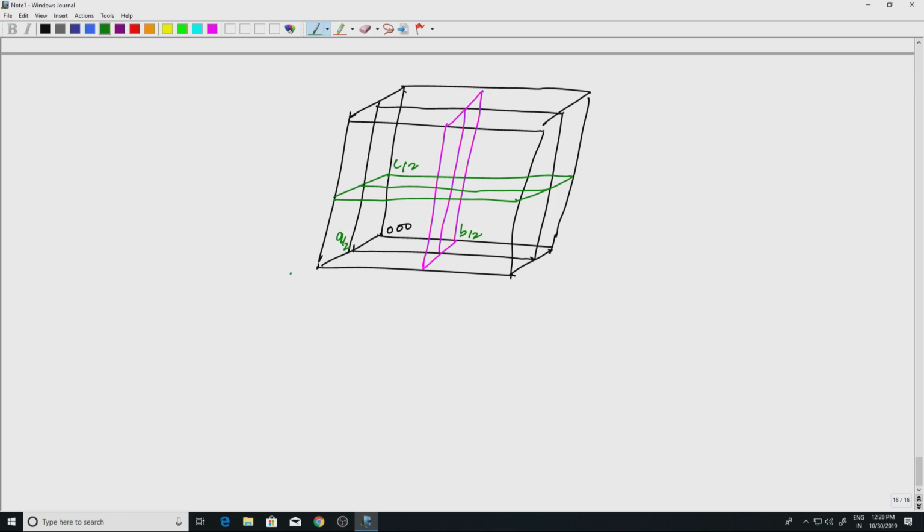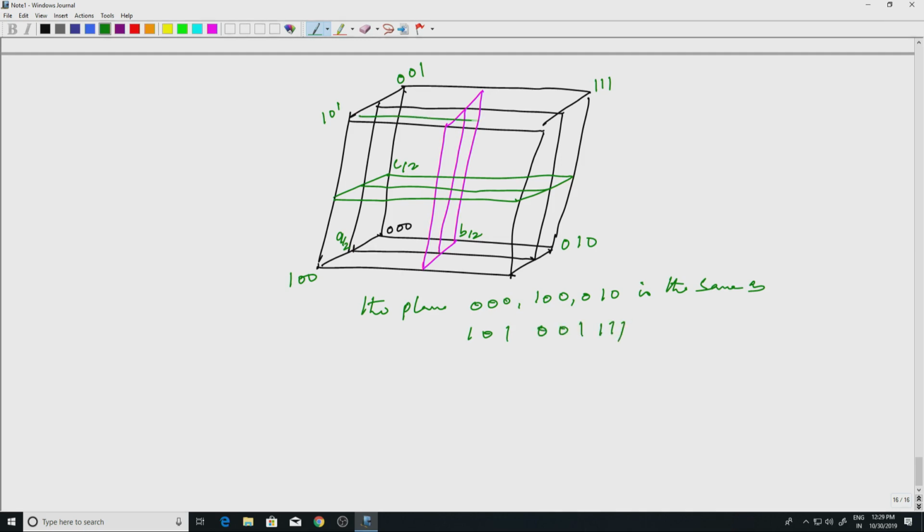You can write 1 0 0, 0 0 1, 0 1 0. If you consider this way, the plane 0 0 0, 1 0 0, 0 1 0 is the same as 1 0 1, 0 0 1, 1 1 1.